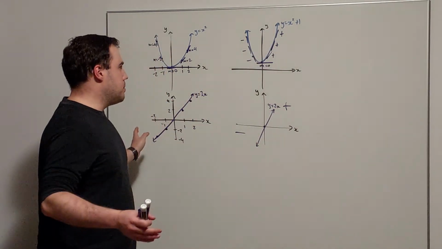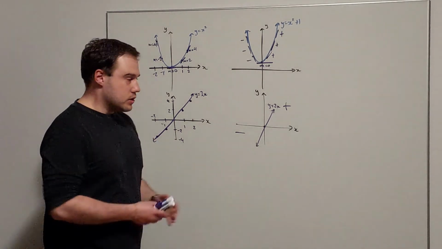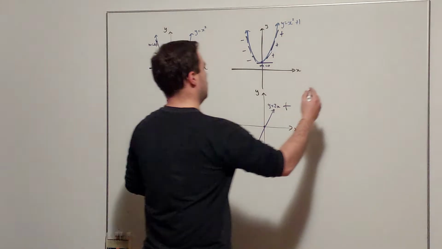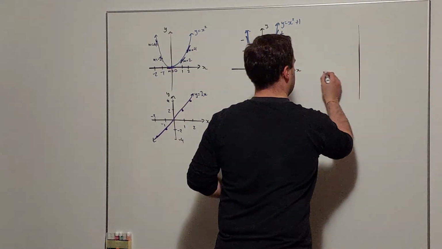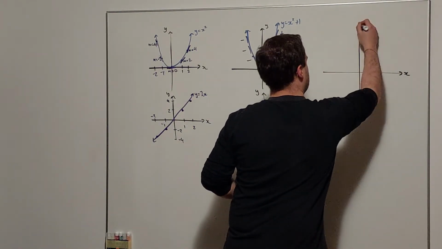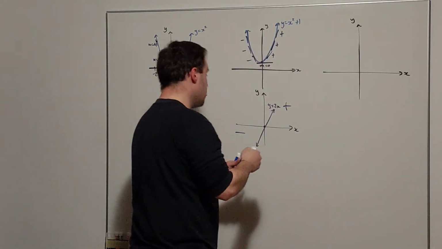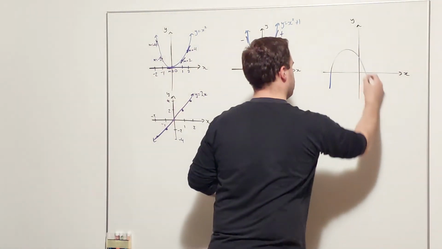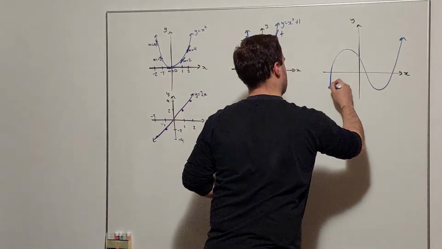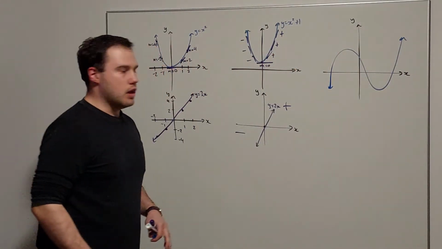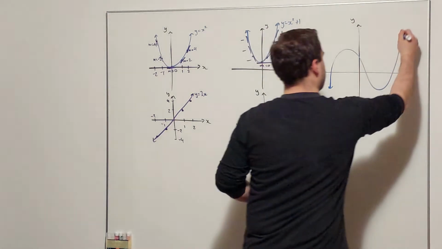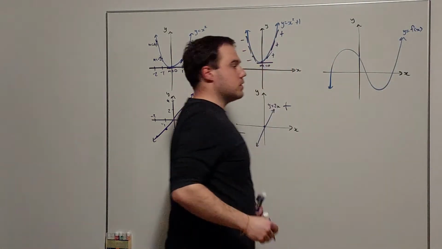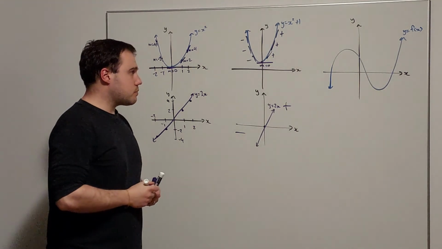All right, so let's maybe look at a totally fresh function and try and find its gradient function. All right, so let me draw in some random cubic curve. Okay, and I'm just going to say that this is the graph of y equals f of x, y equals some function.